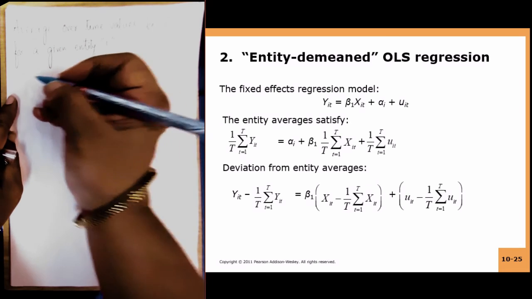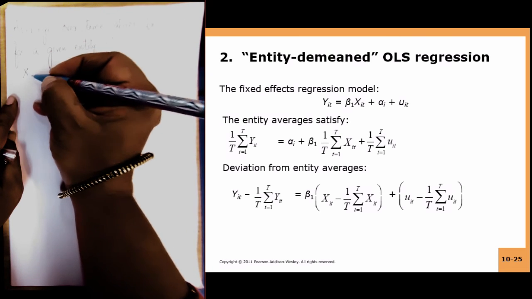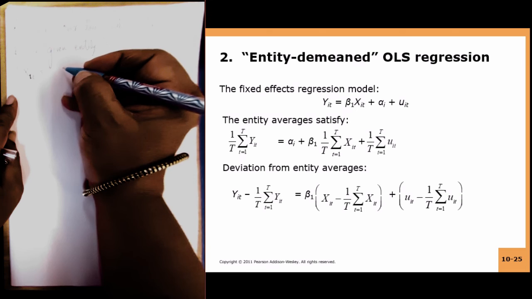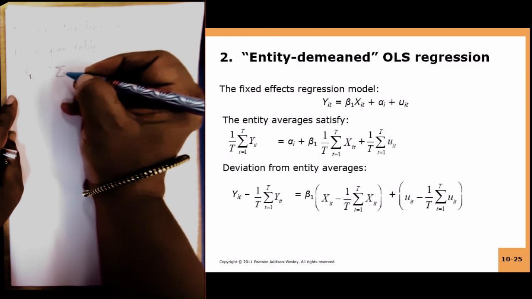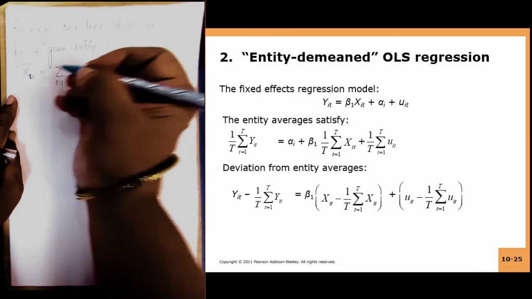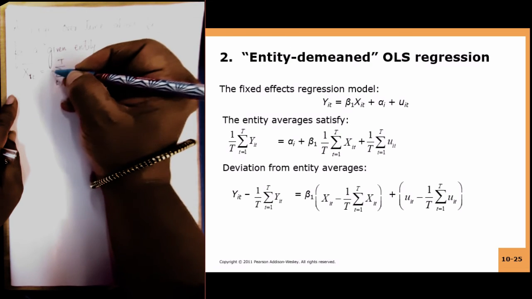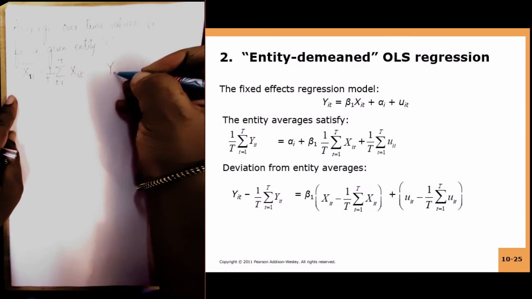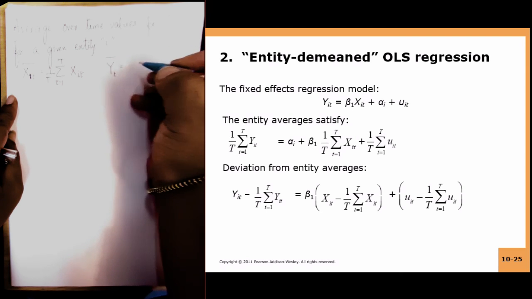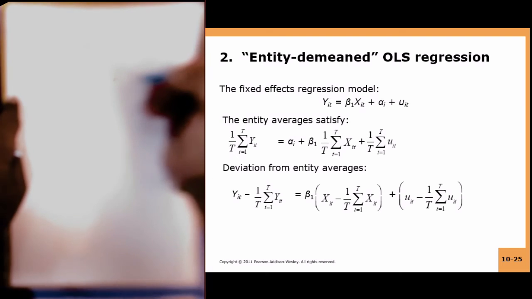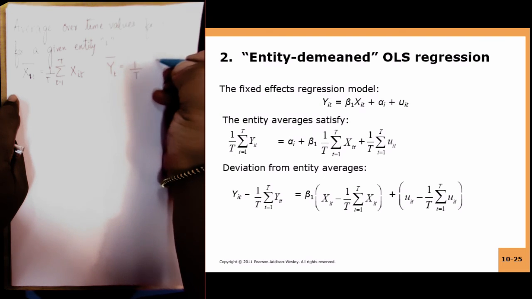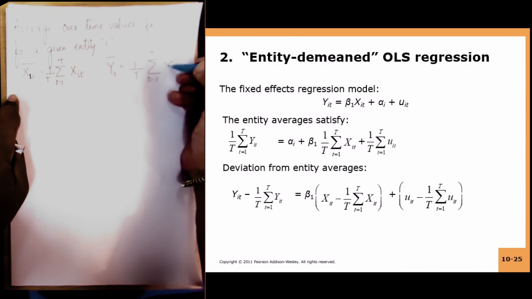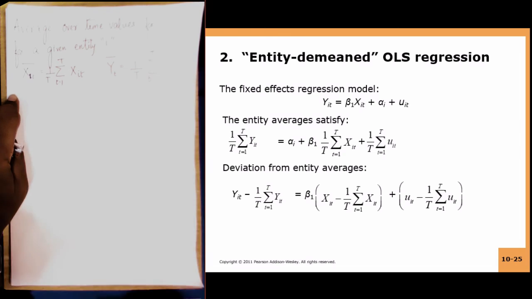So you create X bar for the ith entity, which is 1 by T times the summation from t equals 1 to capital T of X_it, and Y bar for the ith entity, which is 1 by T times the summation from t equals 1 to capital T of Y_it.